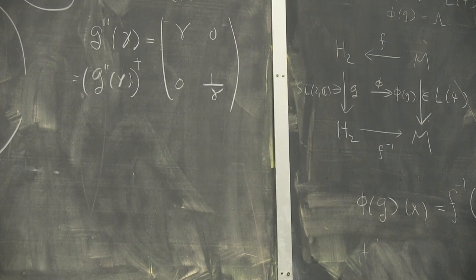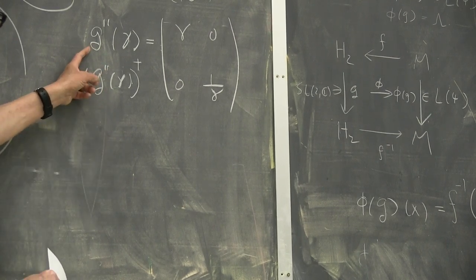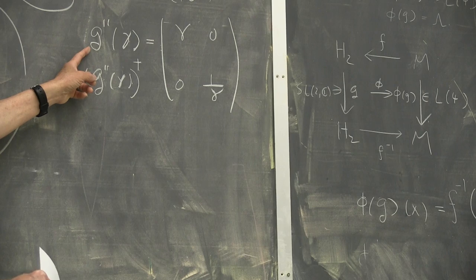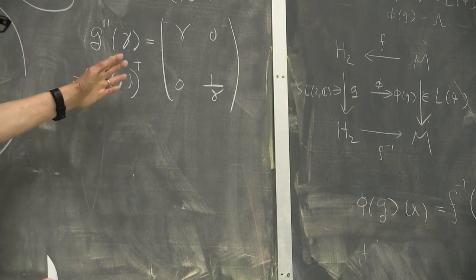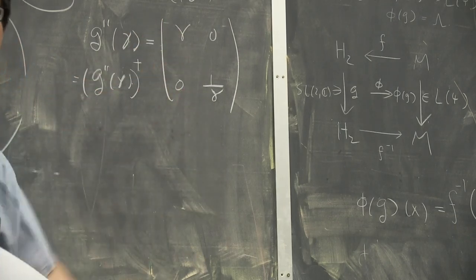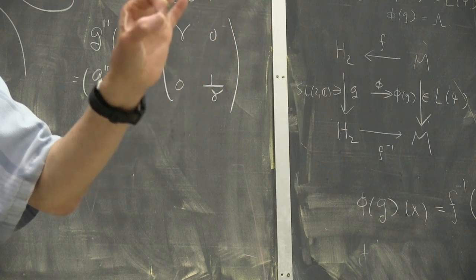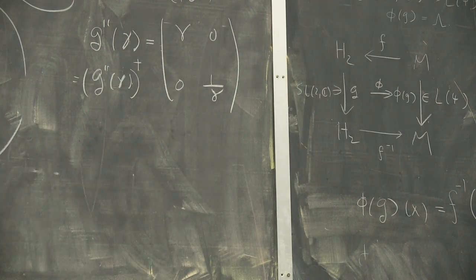It is not equal to its Hermitian conjugate inverse, because its Hermitian conjugate is equal to itself, okay? And so the inverse of this is what? It's 1 over gamma here and gamma here, which is not equal to itself. So it's not unitary. But it is S. The determinant is equal to +1, okay? So definitely it's something that's outside of SU2, but still inside of SL2C.